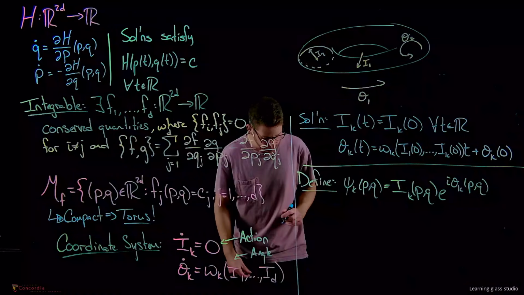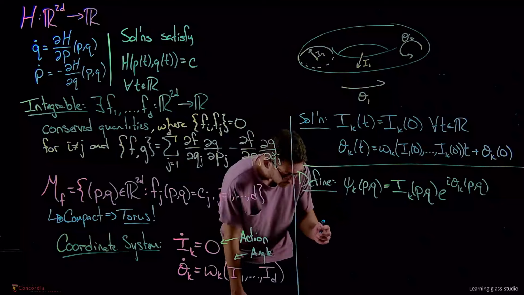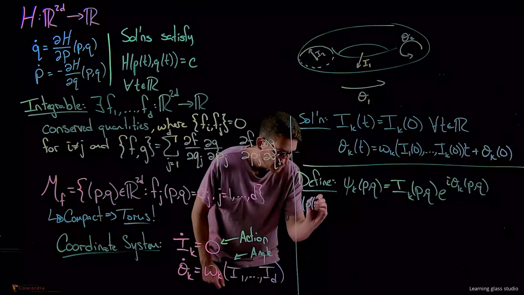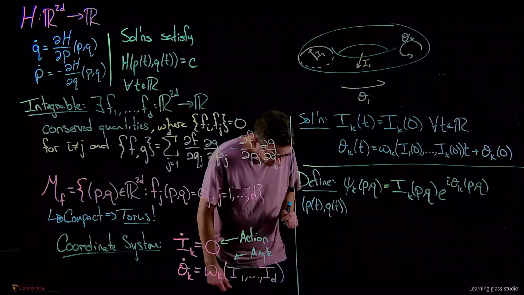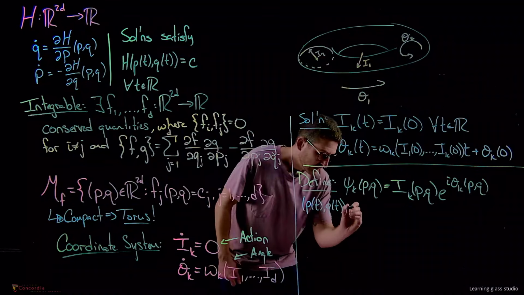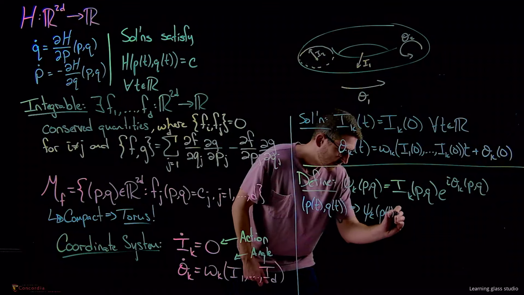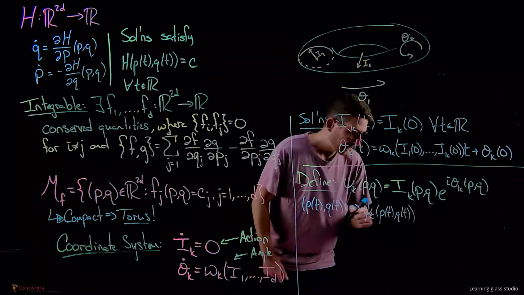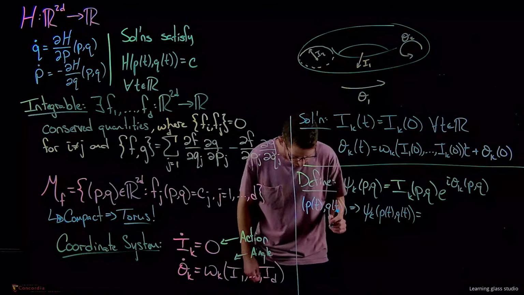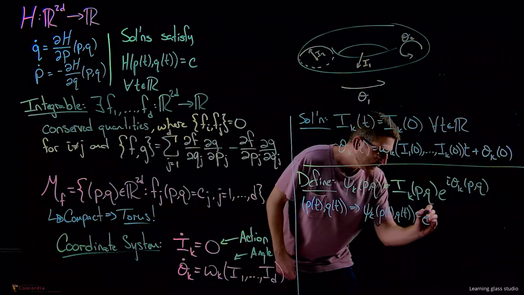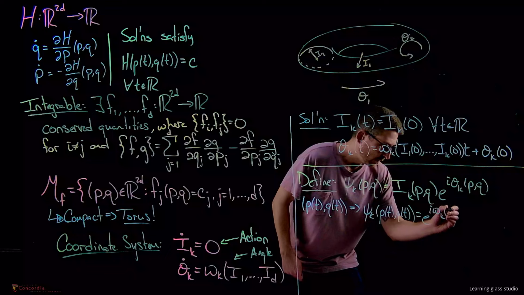The reason for that is if I look at the dynamics, if I look at solutions p of t and q of t, then what I can see is that phi_k of p of t, q of t, if I just put the solutions into this, just becomes e to the i omega_k, and then all of the initial conditions.